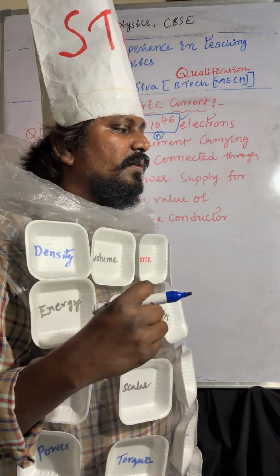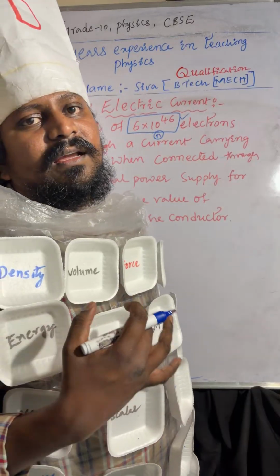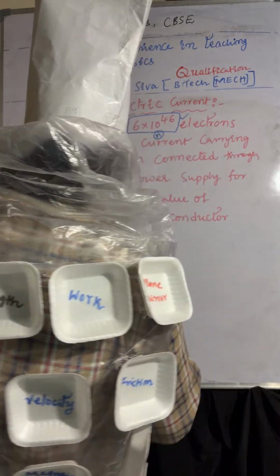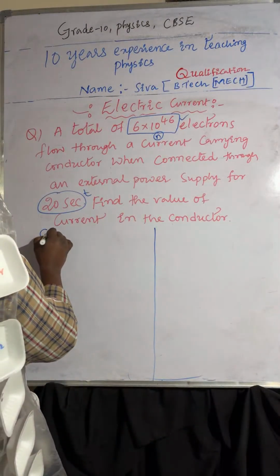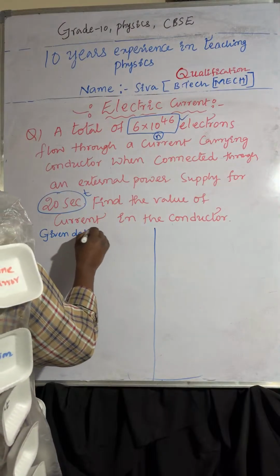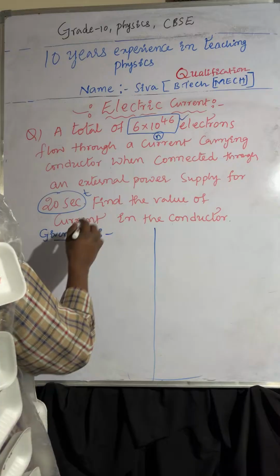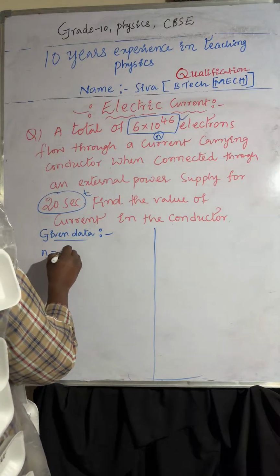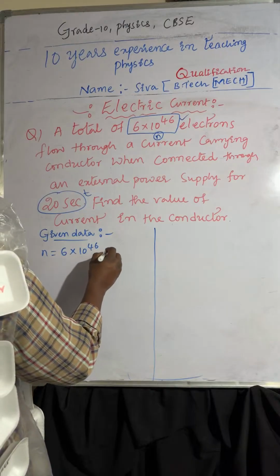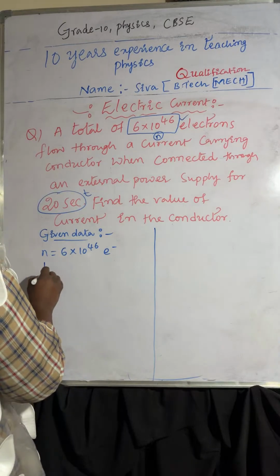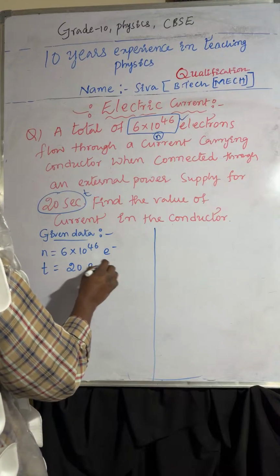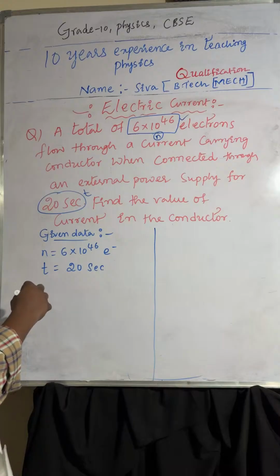So we have to find out the current. For that, what you have to do? First you have to write the given data. That is N equal to 6 into 10 power 46 electrons, and time is given, 20 seconds. So we have to find out.